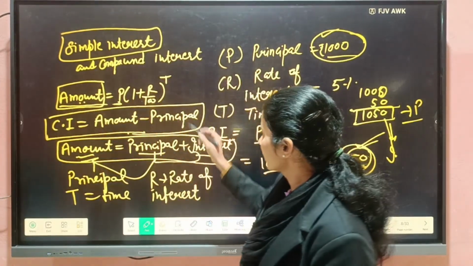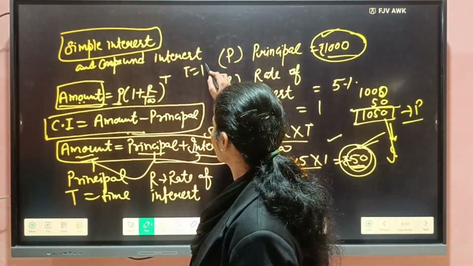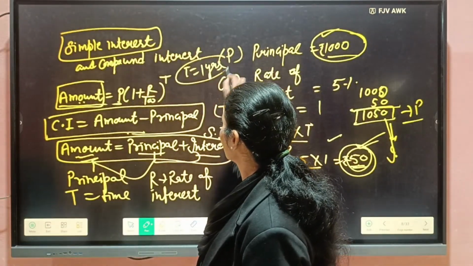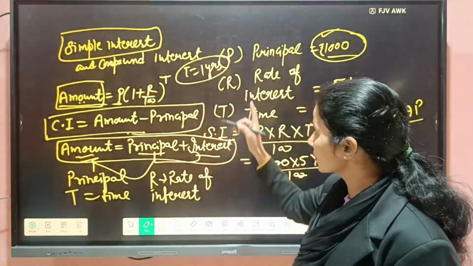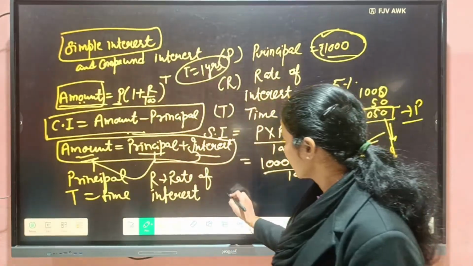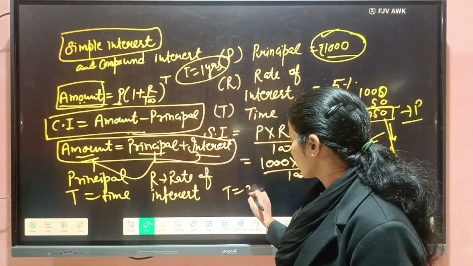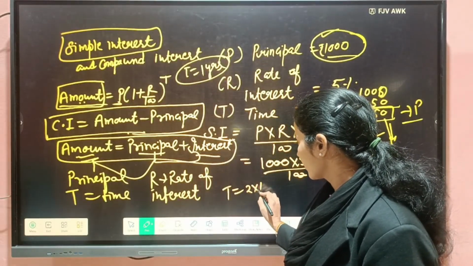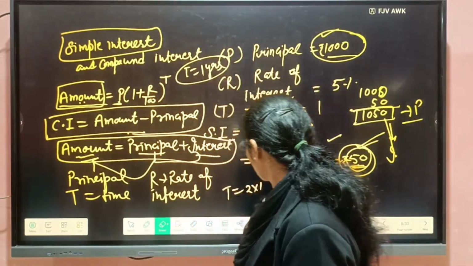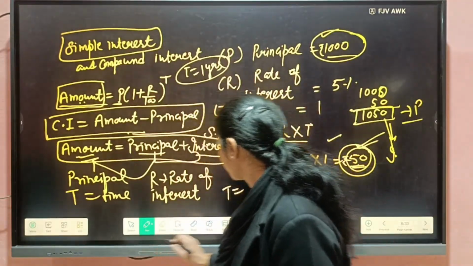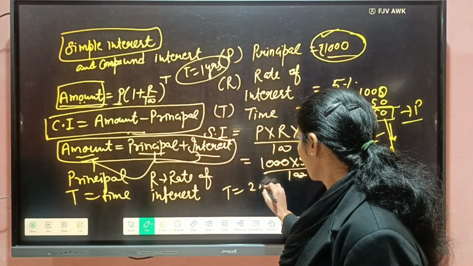Suppose the time was 1 year when it is compounded annually. When it is compounded half yearly, your time will be 2 into 1, that is, there are 2 half years.